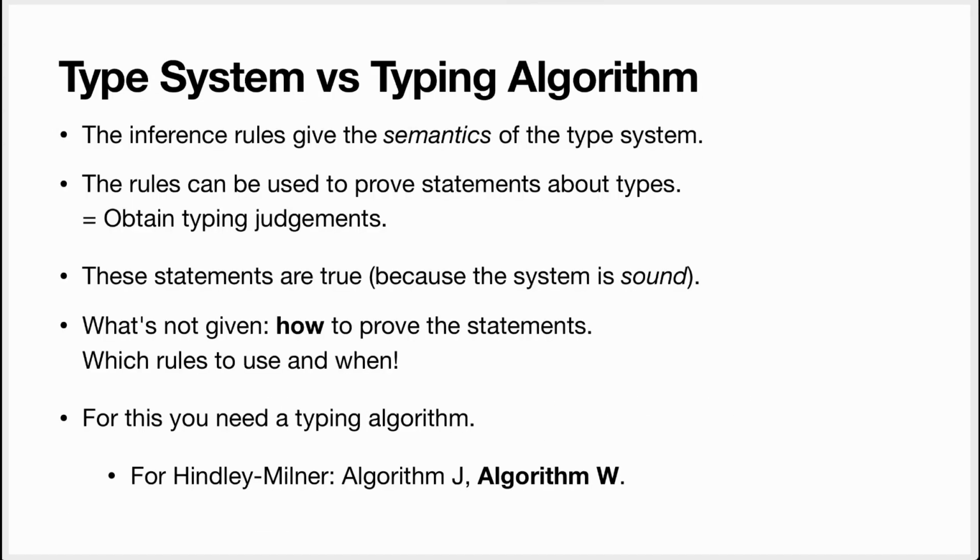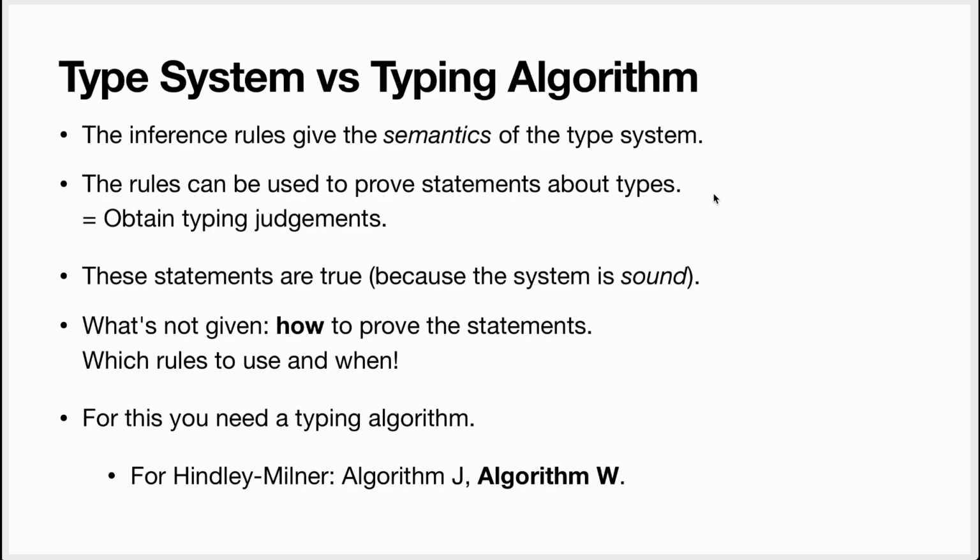So let me dispel some possible confusion. What we have seen is a type system. It is the semantics of a type system. It is not a typing algorithm. So we have seen a bunch of inference rules, and they can be used to prove statements about types. We've called these statements type judgments. We know that these statements are true because our system should be sound.